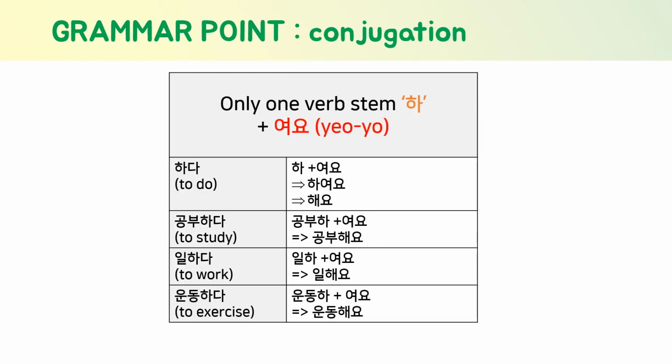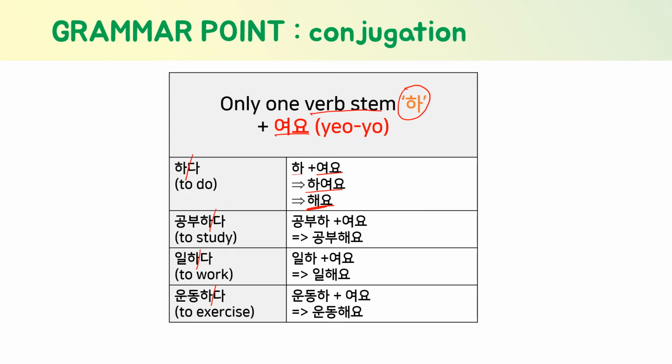Okay, next one is the only one verb stem, 하. If the verb stem is 하, you add 여요. So 하다, to do, 공부하다, to study, 일하다, to work, 운동하다, to exercise. Here, 하 stem, 여요, becomes 하여요, becomes 해요.